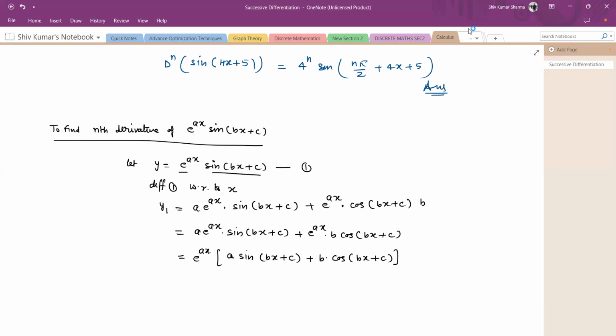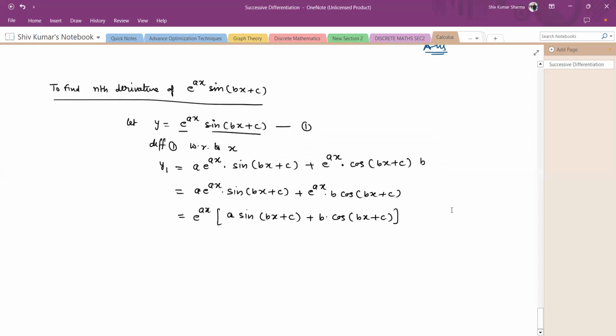Okay, for making it convenient to write the nth derivative of this, we put a is equal to r cos theta and b is equal to r sin theta. So here we use the substitution in this step.